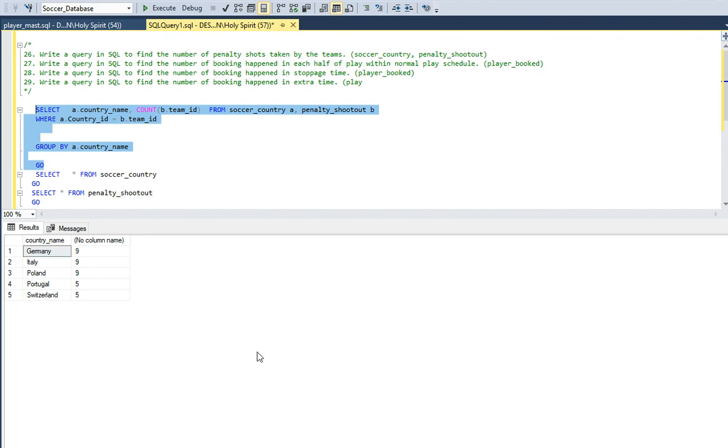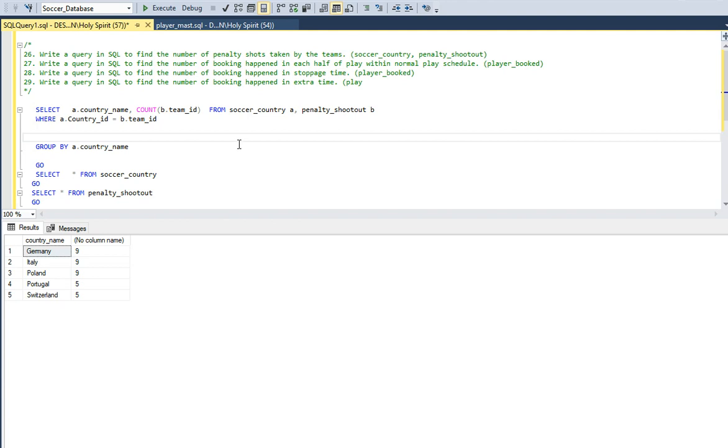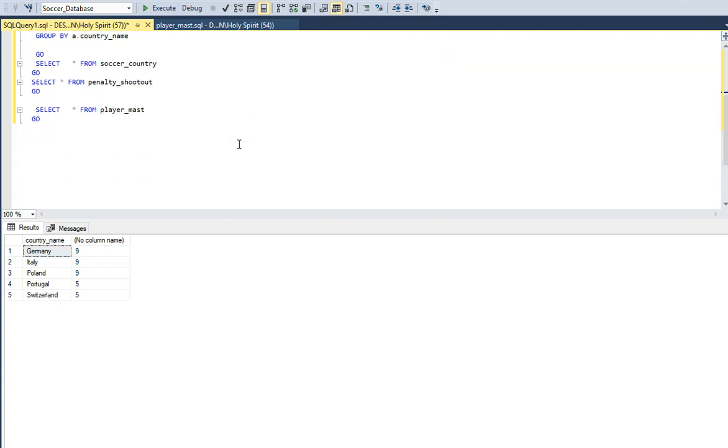Execute. By Germany, this many. Italy, yeah, you know. Write a query in SQL to find the number of penalty shots taken by the teams. One moment please. Yep, that's pretty much it.